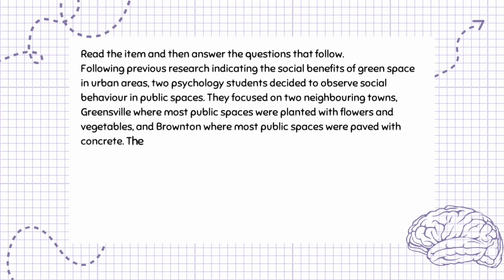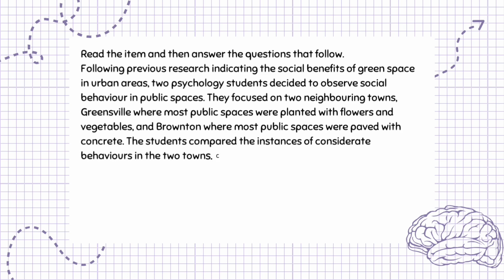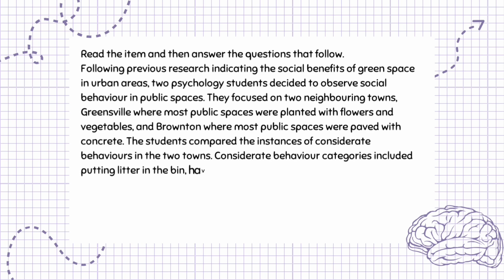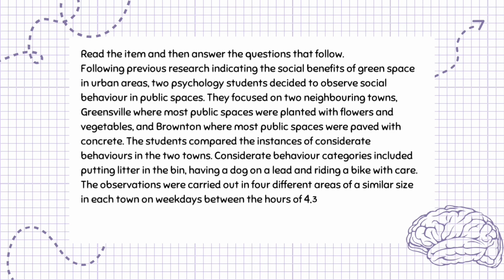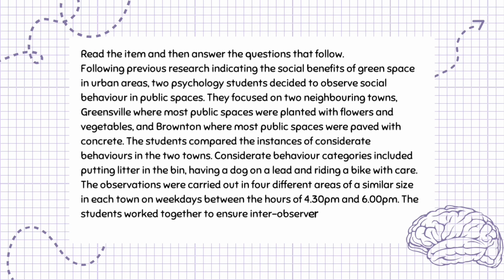The students compared the instances of considerate behaviors in the 2 towns. Considerate behavior categories included putting litter in the bin, having a dog on a lead and riding a bike with care. The observations were carried out in 4 different areas of a similar size in each town on weekdays between the hours of 4:30 p.m. and 6 o'clock p.m. The students worked together to ensure inter-observer reliability, recording each target behavior whenever it occurred.